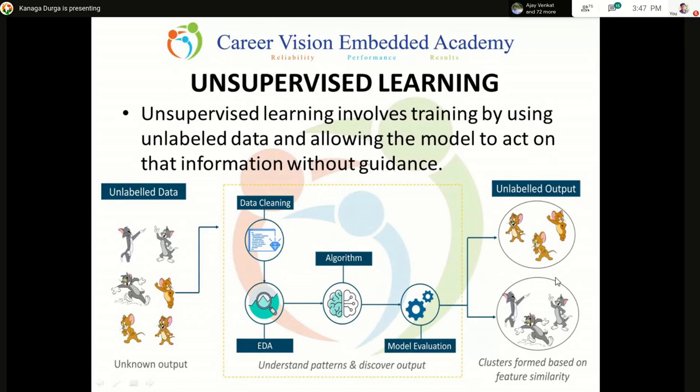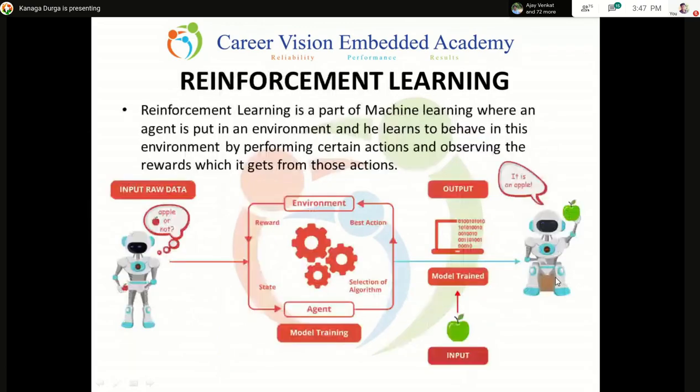And reinforcement learning is where we give the system feedback. It can either be positive or negative, and depending on the feedback, it learns, and its actions reflect that feedback in future possible scenarios. These are the major three types of learning in machine learning.